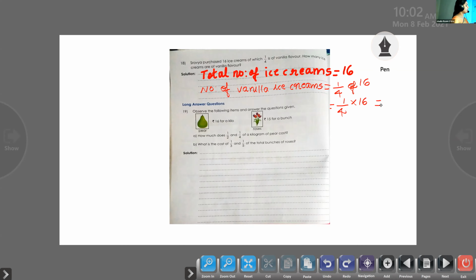You have to multiply 1 into 16, 1 into 16 by 4. That means 16 by 4. That means you have to divide 16 by 4.